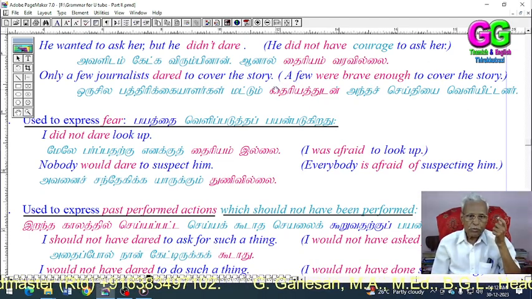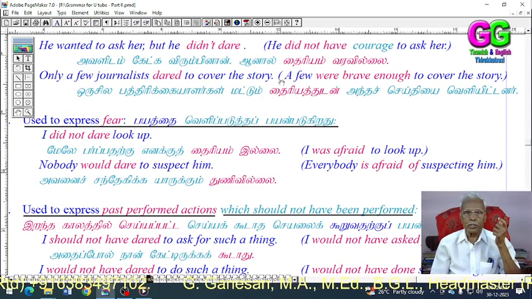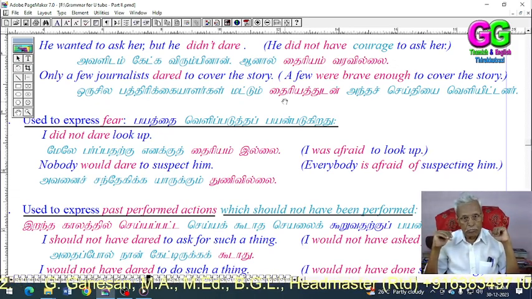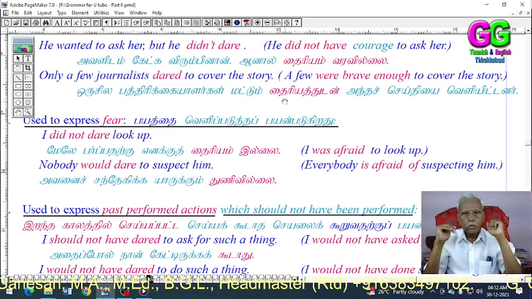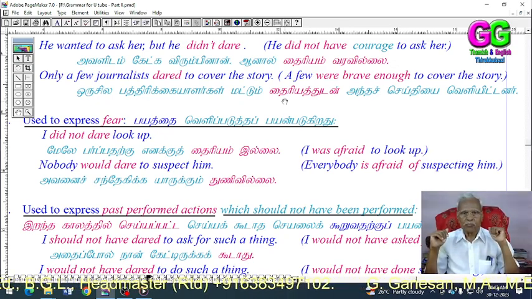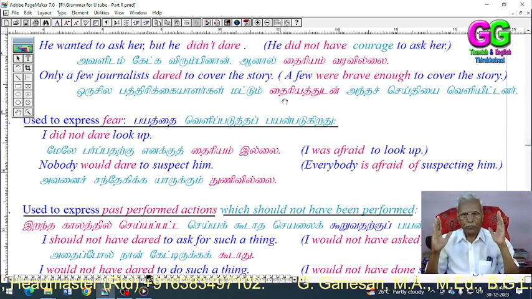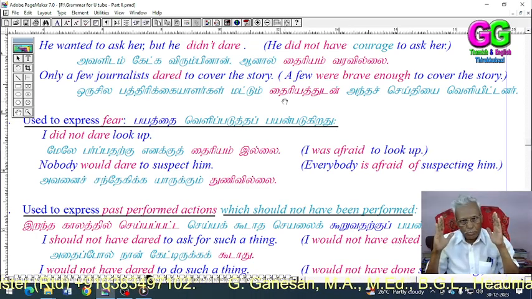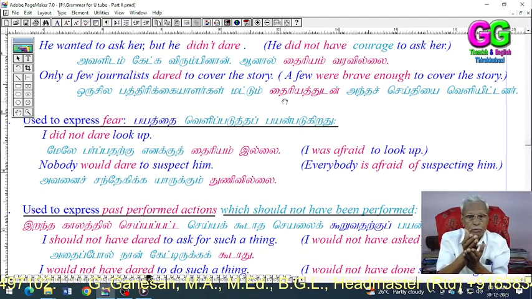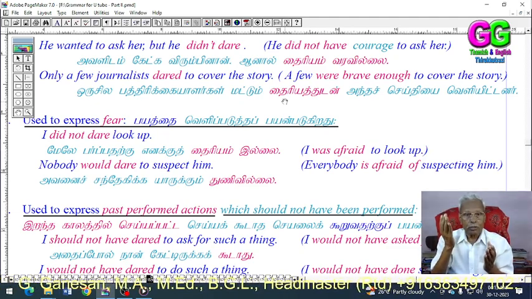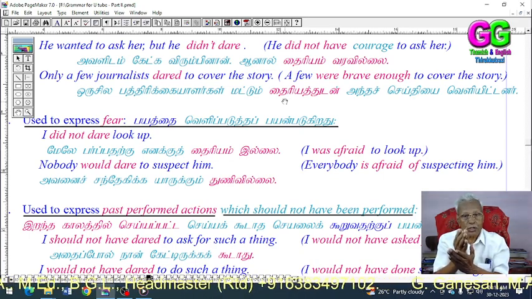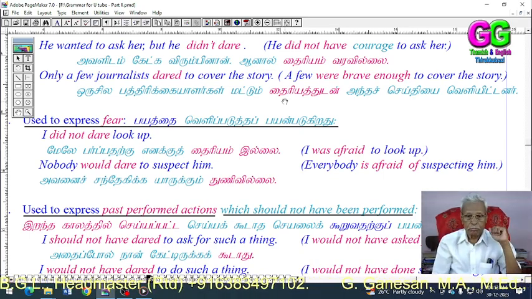That is, only a few journalists were courageous enough, or bold enough, to publish such a story, such a message, because it is mingled with various kinds of facts, dreadful things.